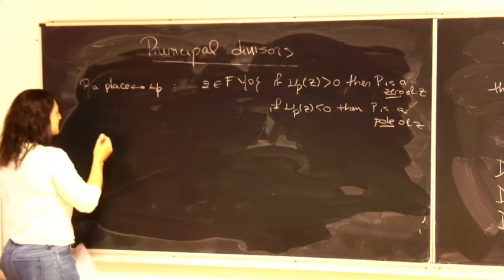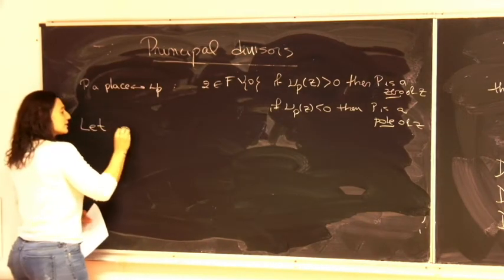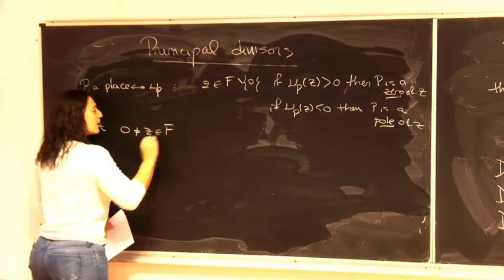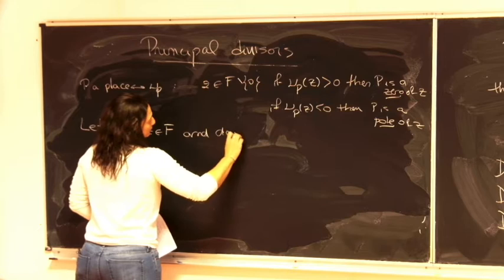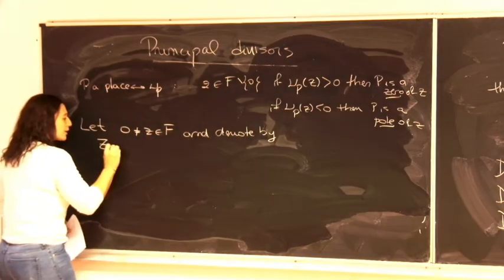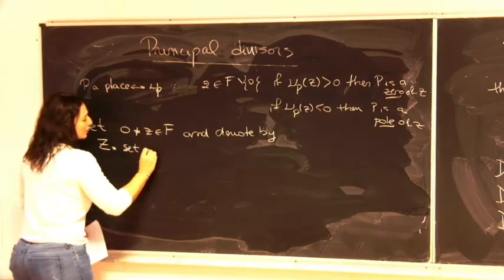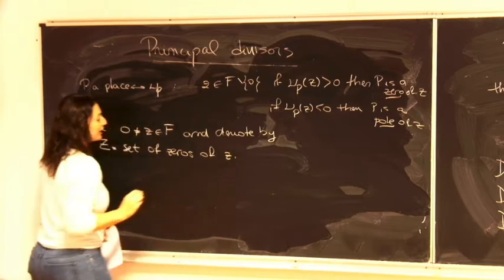So now let's define, let z be a non-zero element and denote by Z, capital Z, the set of zeros of that element.